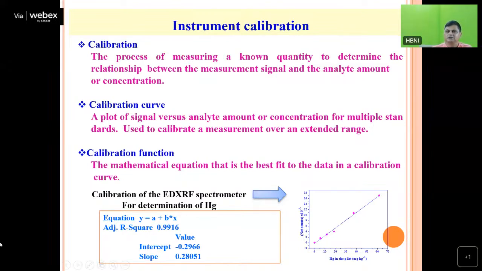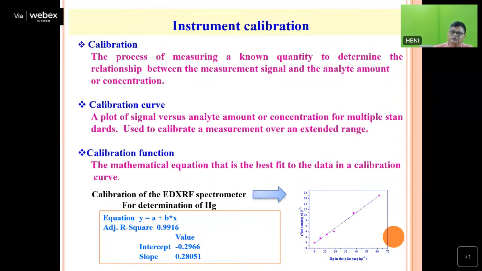What the figure is showing is that we are performing a calibration curve for mercury. Basically, we are doing the calibration curve for an EDXRF spectrophotometer for determination of the amount of mercury.